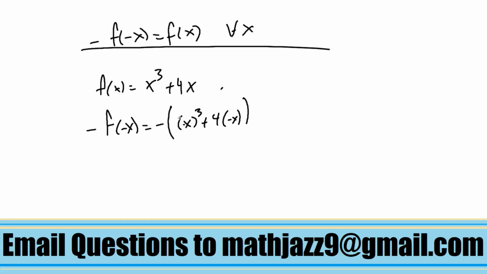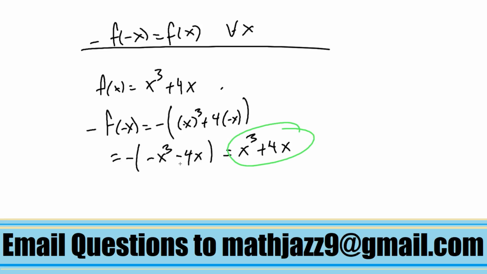So let's simplify. Well, negative x times negative x, the negatives cancel, and then times negative x again, the negative comes back. So we're going to get negative x cubed, and then 4 times negative x is negative 4x, and then we're going to distribute this negative sign over. Negative times the negative is positive, negative times the negative is positive, so we get x cubed plus 4x.